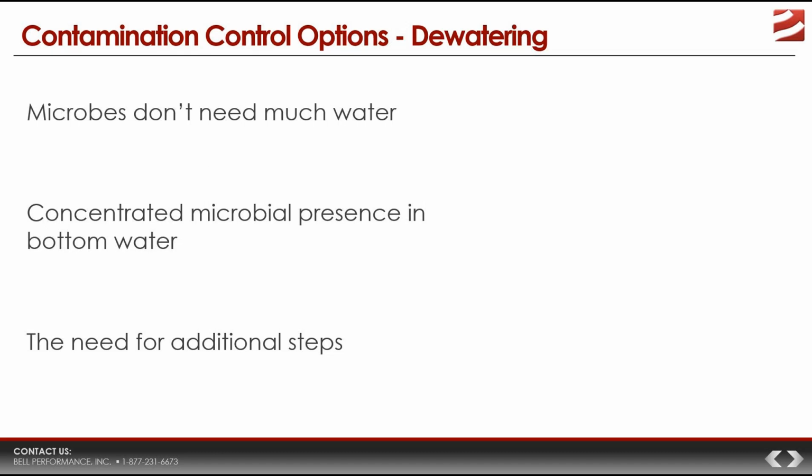So it is really important to get as much of the bottom water out as possible, but you know that you're not going to be able to get all of it. And because the bottom water has so much concentrated microbial presence, this means that we need to do more than just removing the water if we hope to really solve the problem.